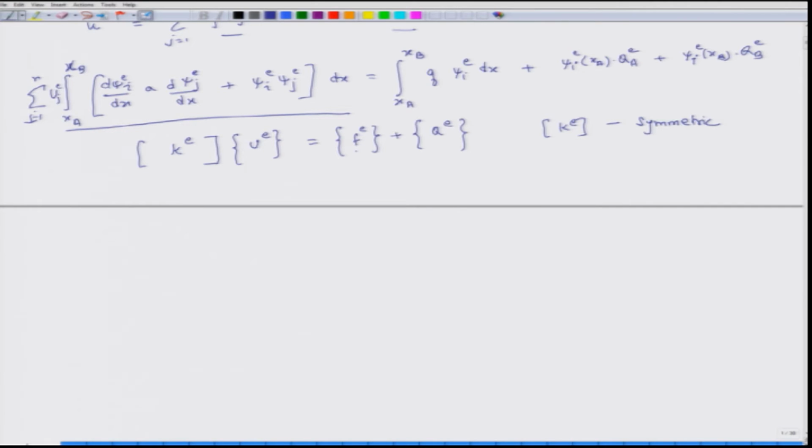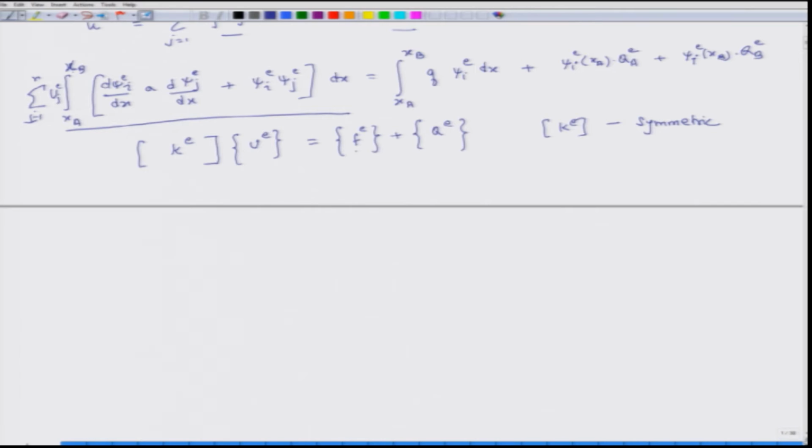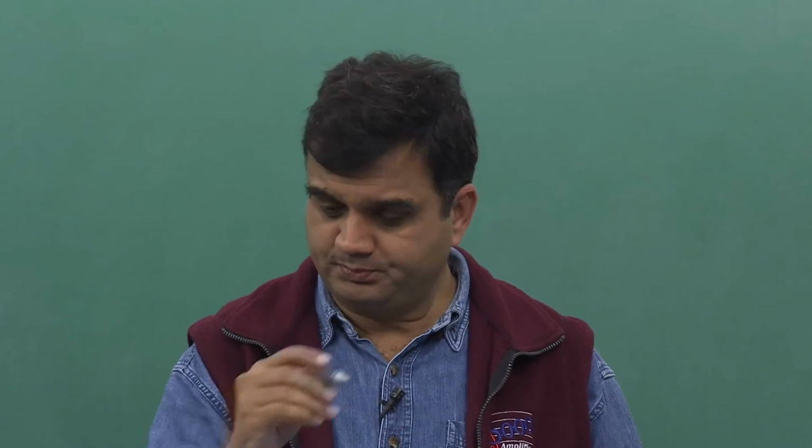But typically when we go in and conduct integrations in finite element, we prefer to use local coordinate systems. So, x a will be replaced by 0 and x b will be replaced by h e, which is the length of the element. Also we had said that x gets replaced by the local coordinate, which is x bar.